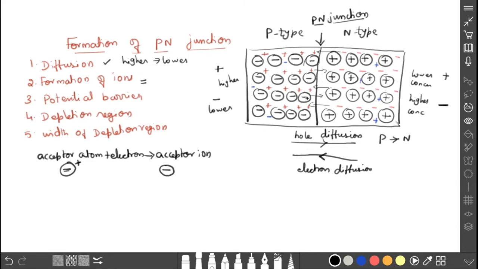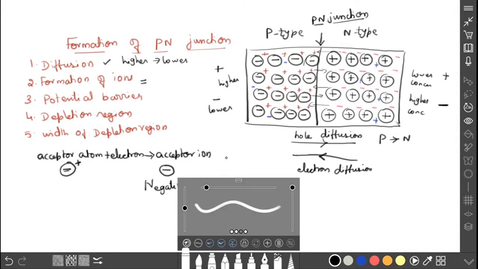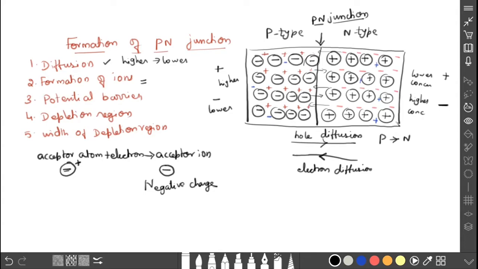Since the electrons are accepted by the atom, it produces negative charge. The acceptor ion has negative charge. So near this junction, the acceptor atoms become acceptor ions. Now you see this is an acceptor atom, but these two are acceptor ions.